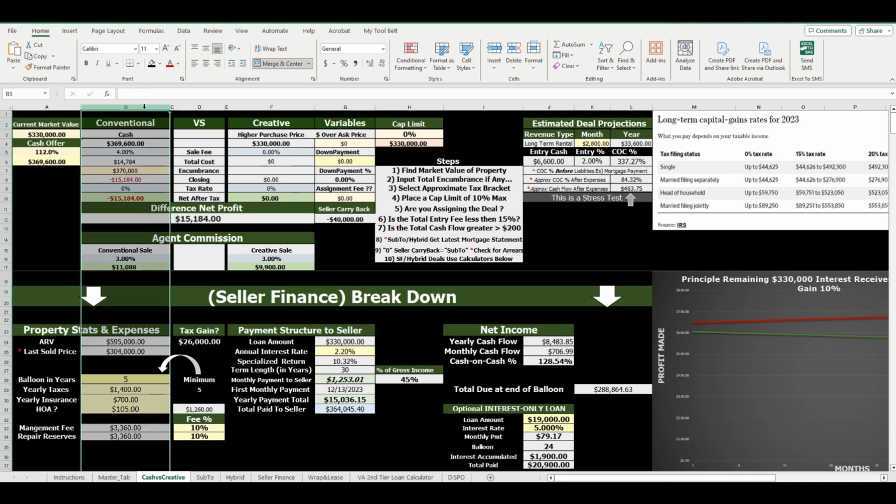And so what we're going to do is compare and contrast and provide a visual representation for the seller and the agent. Now you might be asking, well, David, what if they are willing to come to closing with $15,000 just to get the property out of their hands?